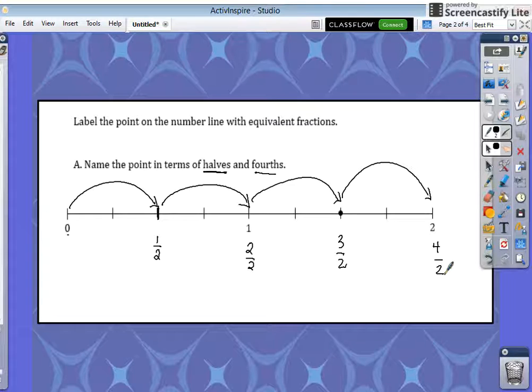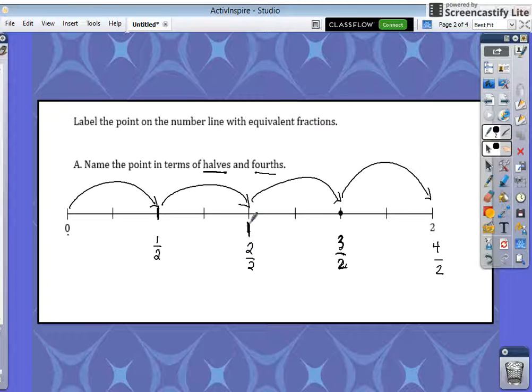As we talked about yesterday, if you have a number greater than 1, you can label it as an improper fraction, like 3 halves, or as a mixed number, where you take your whole number, in this case 1, and every fraction on the number line after 1 is going to be 1 whole plus however many halves the rest of the number line is broken into.